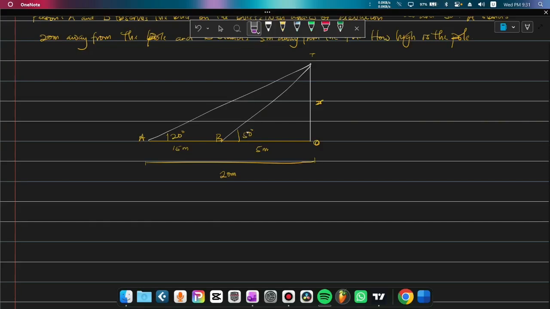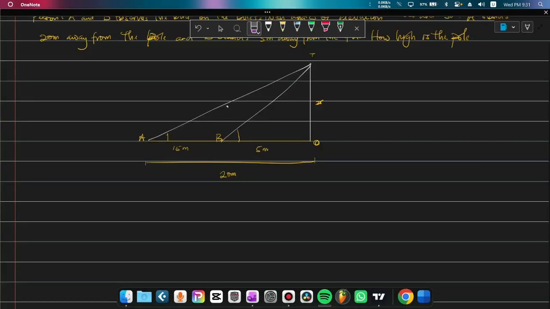Let me even change this to special angles since we still cannot use calculators. Let's say this is 45 degrees and this is 30 degrees. I'm changing the question now.